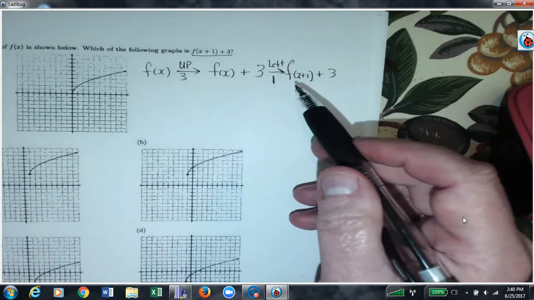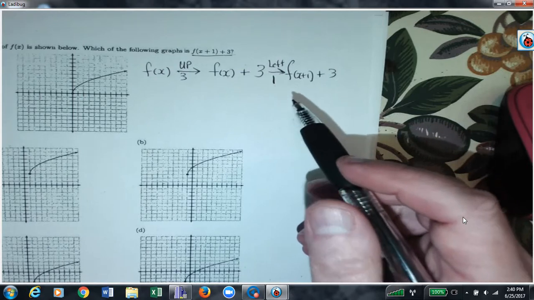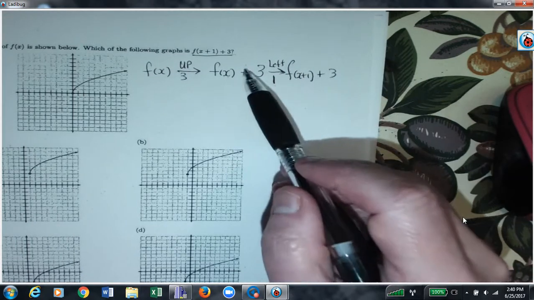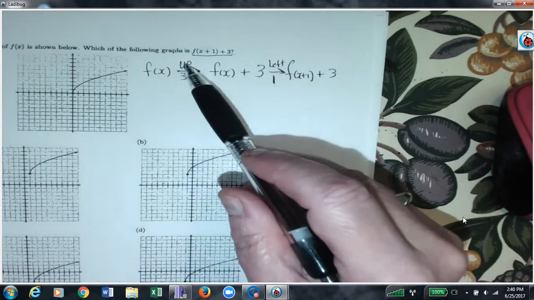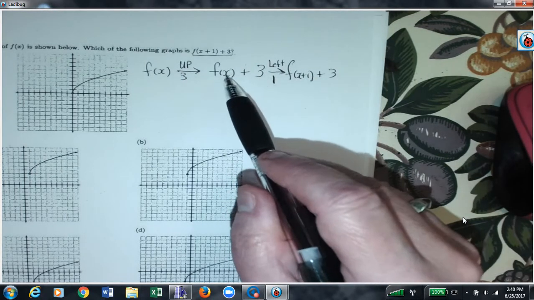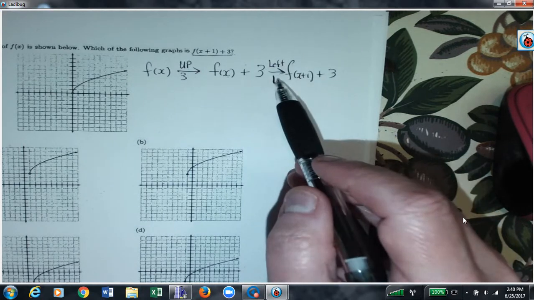So the horizontal transformations, as was said in the lecture video, do the opposite of what you think they'll do. So if it's just plus 3 tacked on at the end, it's up 3. But if inside the parentheses x has been replaced with x plus 1, it's a shift to the left 1.